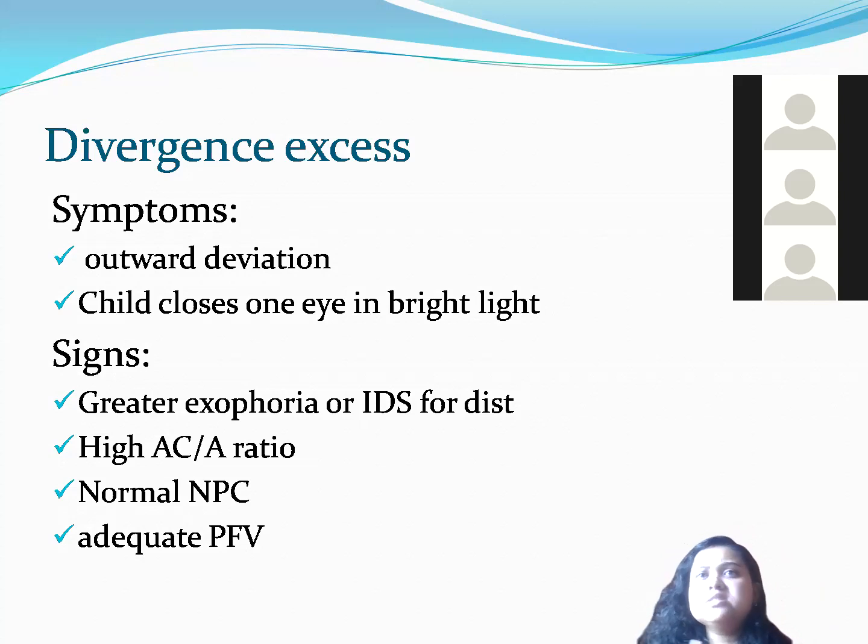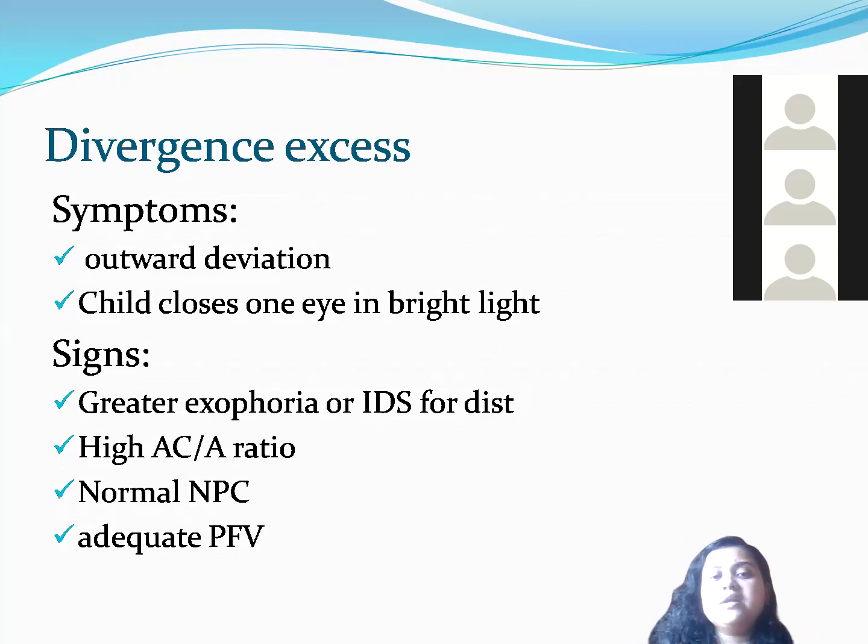Sometimes there is exotropia, sometimes it is straight. When we are doing the orthoptic evaluation, you will find that there is a greater exophoria for distance, and also an intermittent divergence squint for distance.